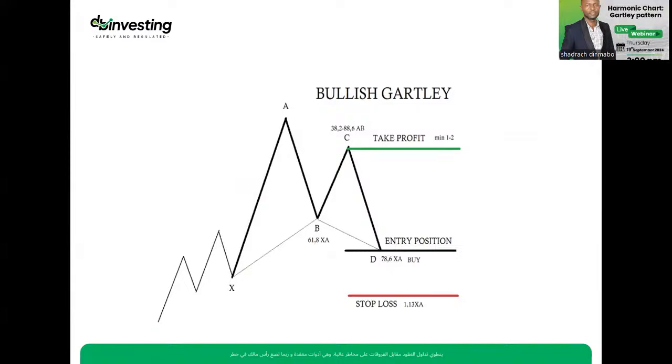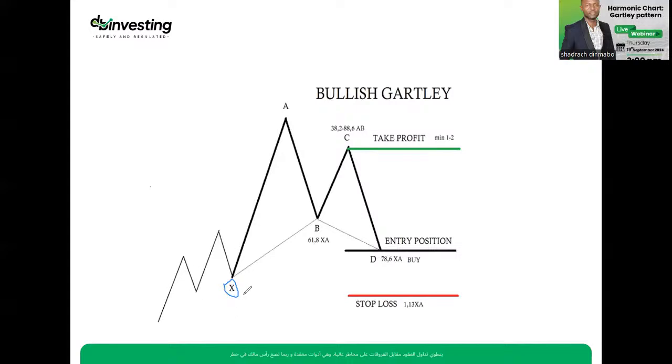All right, so for the bullish Gartley, we look at it in this wise. Now, before you talk about the bullish Gartley, we are anticipating a case scenario where the market is actually rising, okay? And so when the market is rising, we'll take a reference point, call it X, okay? So let's say this is our X point. So the market is coming up, rising, making higher highs, you see, on an upward trend.